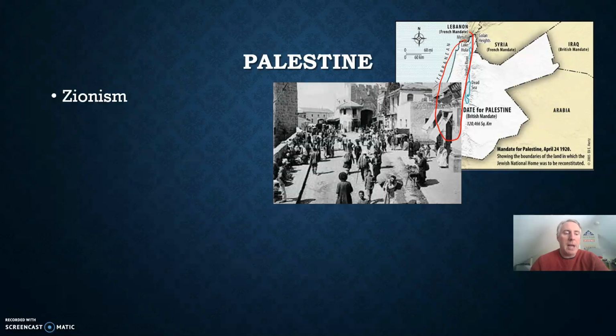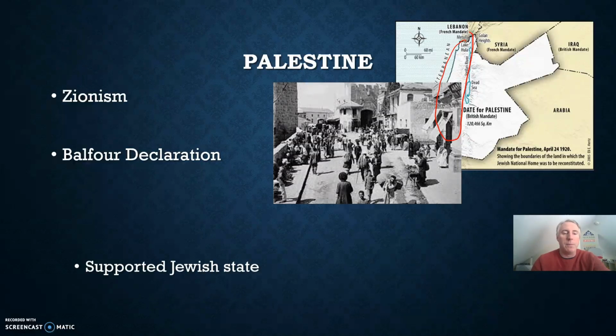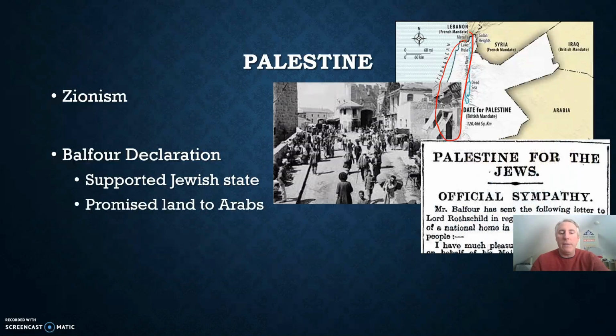Now, Jews and Muslim Palestinians living next to each other really wasn't a big problem at first, but Great Britain pretty much messed things up with the Balfour Declaration. The Balfour Declaration was named for the British foreign secretary, James Balfour, and it made promises to both Jews and Muslims. It supported the idea of a Jewish state.